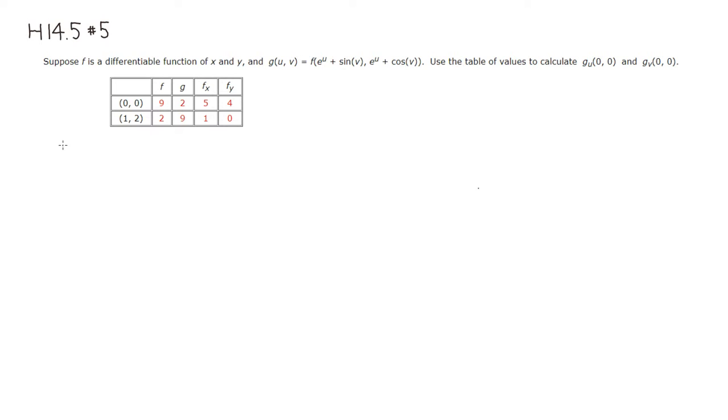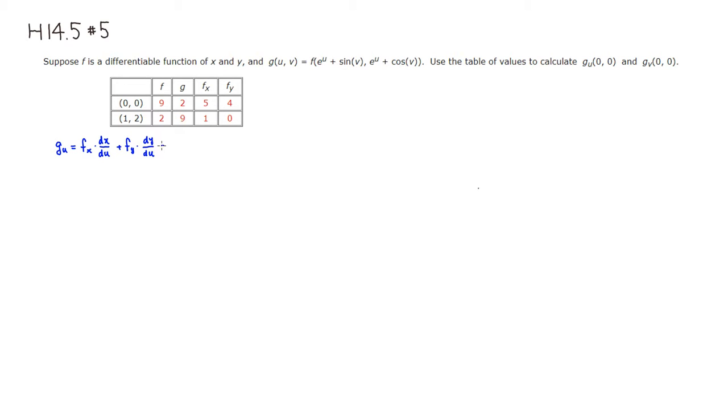So if you want to find the partial derivative of g with respect to u, by the chain rule you would take the partial derivative of f with respect to x and multiply by dx over du, plus the partial derivative of f with respect to y, then multiplied by dy over du.